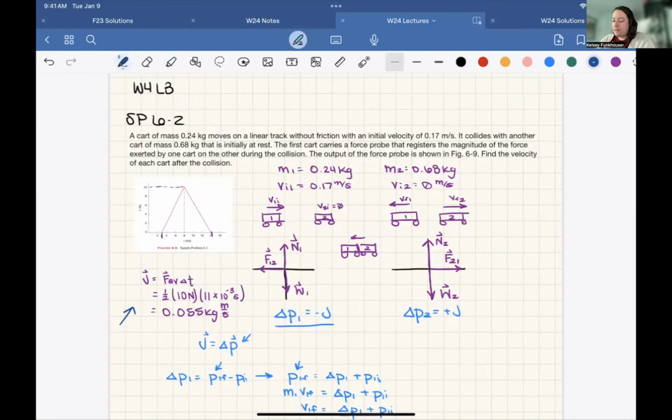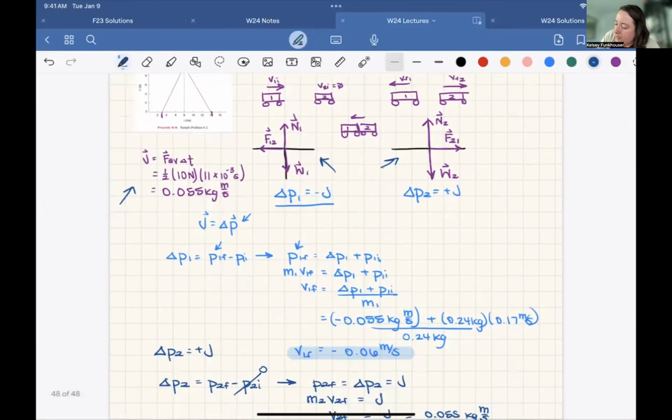And so we got 0.055 kilogram meters per second. From looking at our free body diagrams, we saw that the force for cart 1 is in the negative x direction, so its impulse is negative. For the second cart, it's just going to be opposite, so that one's positive. Then we know that the change in momentum is equal to the impulse.